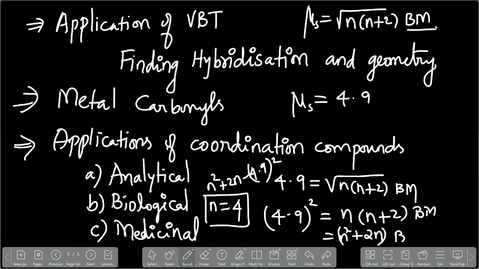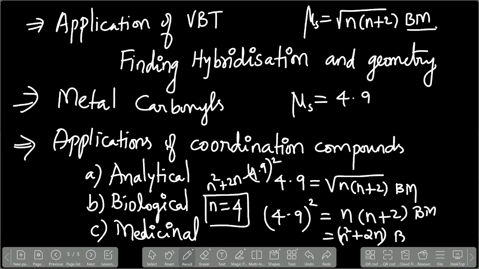Suppose mu s value 5.9 is given, then n value is 5. But the steps are very important. Is it clear? Sir, if mu s value is given, I know the answer directly. No. Step marks will be there. You have to write all the steps. Is it clear? For removing the square root, you should square both sides. Then only the square root will be cancelled.